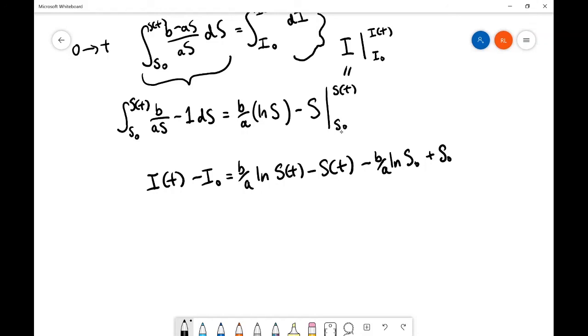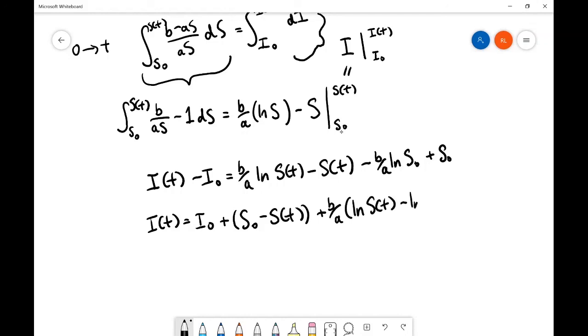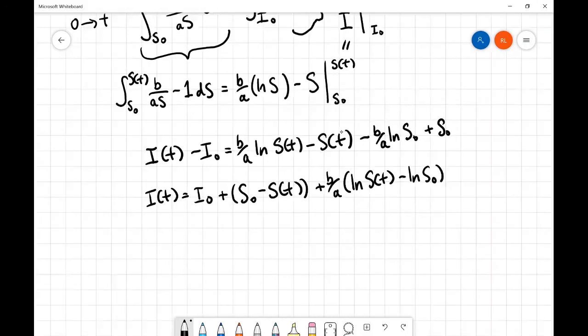And we can rearrange this a little bit, right? So moving this I_0 over to the other side, I(t) is equal to I_0 plus S_0 minus S(t) plus b over a times natural log S(t) minus natural log S_0, right? So this is just a little simplification.